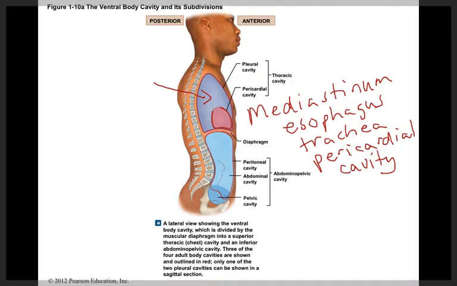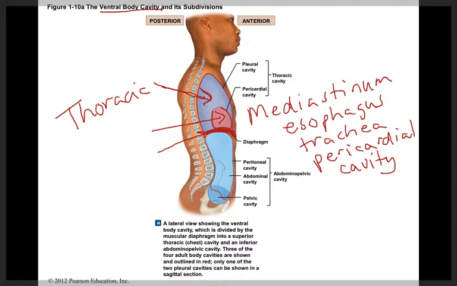So again, in the ventral body cavity we have the pleural cavities and the pericardial cavity, and those are both contained within the thoracic cavity, which is a subdivision of the ventral body cavities, and it is above this muscle which is called the diaphragm.